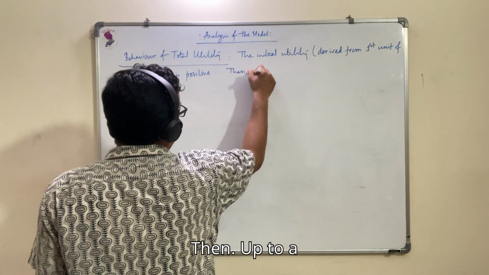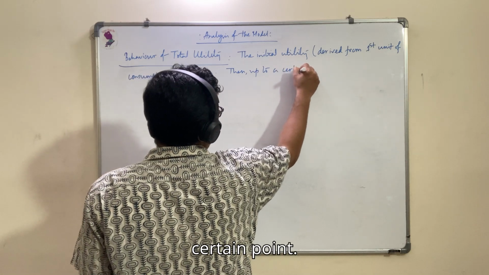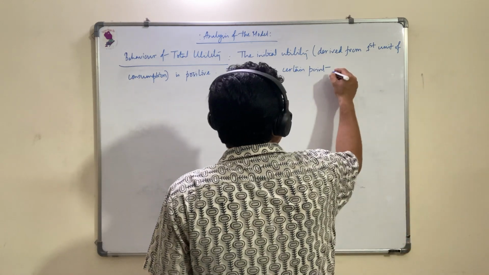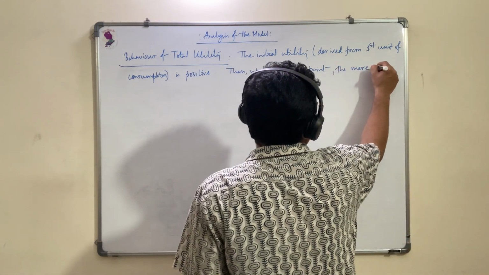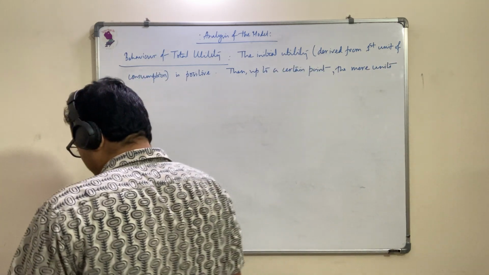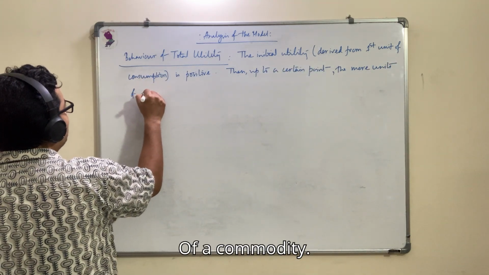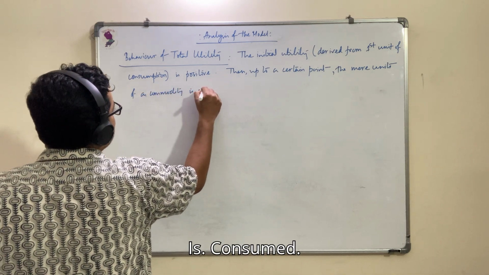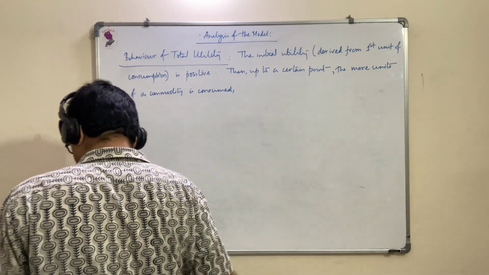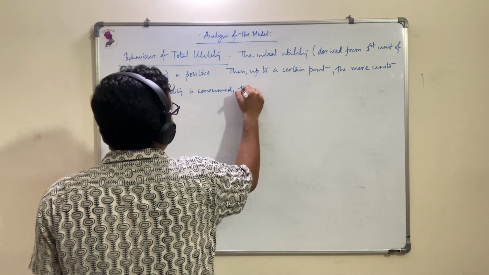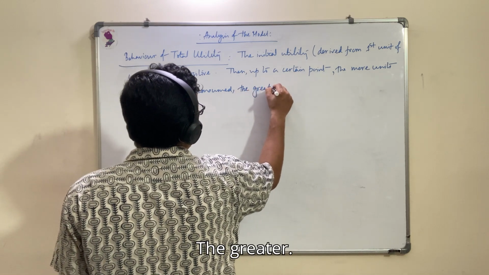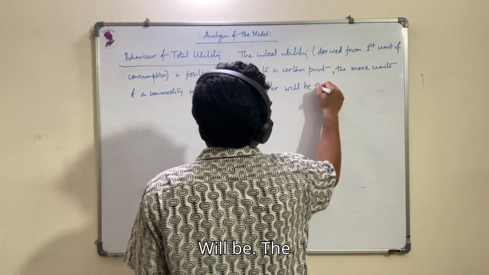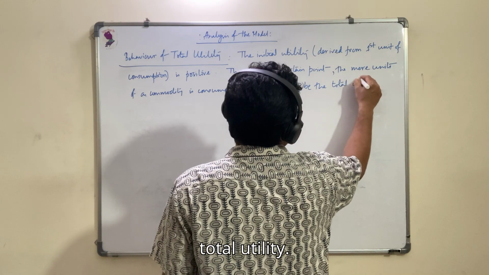Then, up to a certain point, the more units of a commodity is consumed, the greater will be the total utility.